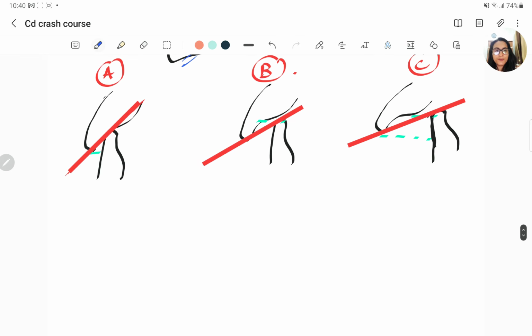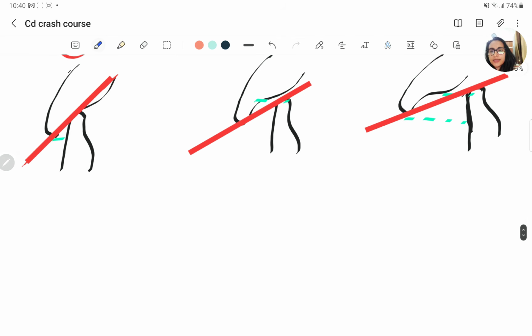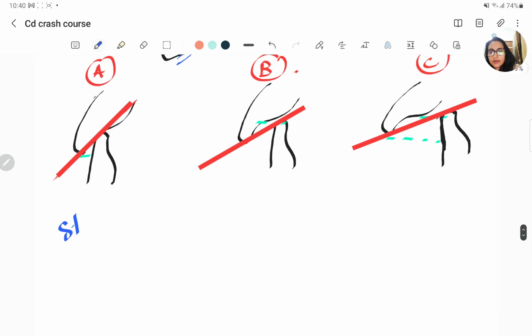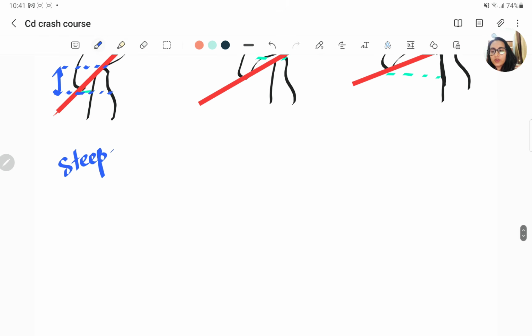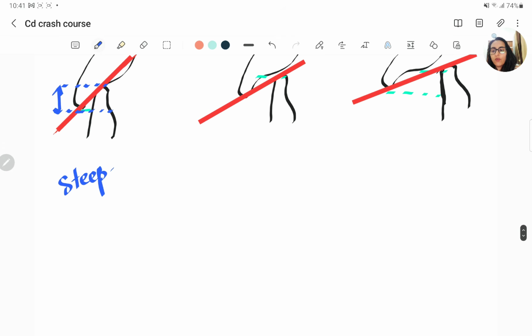Now what if there is a steep incisal guidance? If there is a steep incisal guidance, you can say we have an increase in the overjet. Overjet is the horizontal overlap, right? The horizontal.